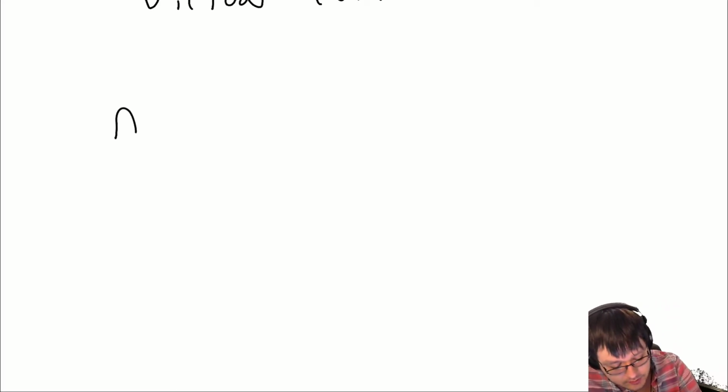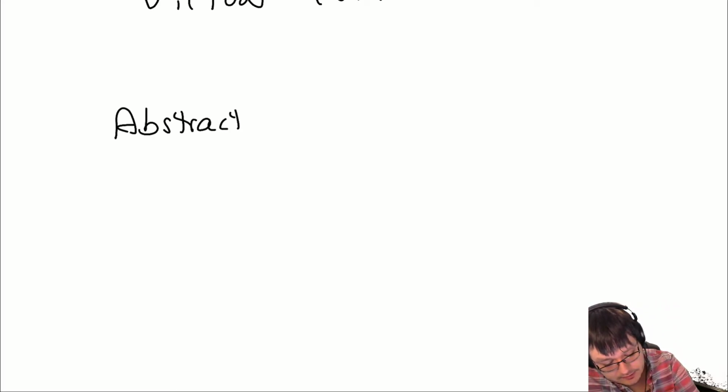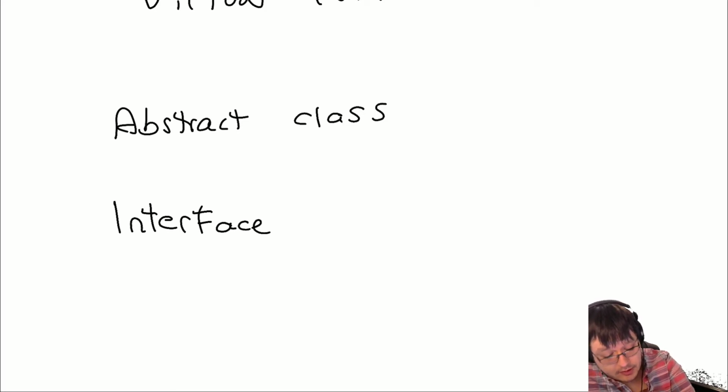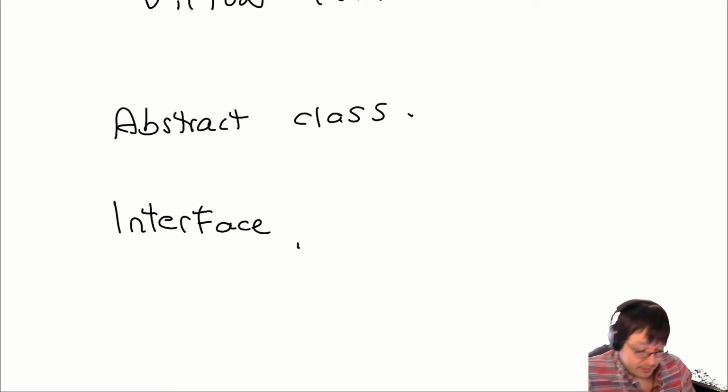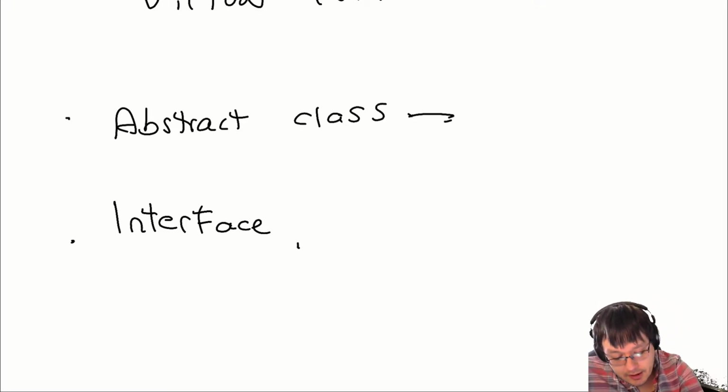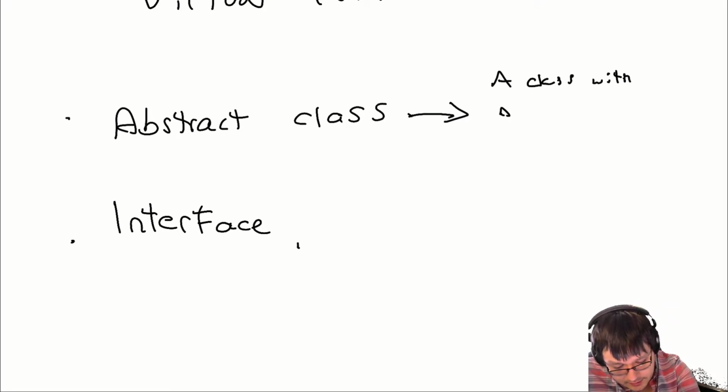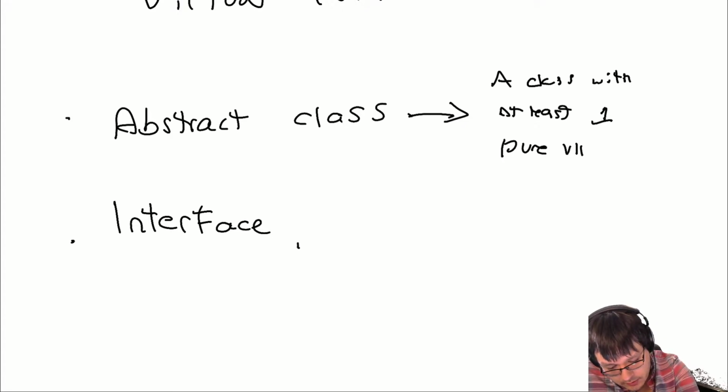So there are two terms that I want to talk about: abstract class and interface. And again, this is strictly talking about C++ and not Java, because that's going to be different, okay? In C++, we consider an abstract class to be a class with at least one pure virtual function.